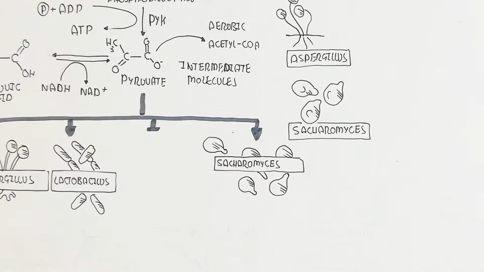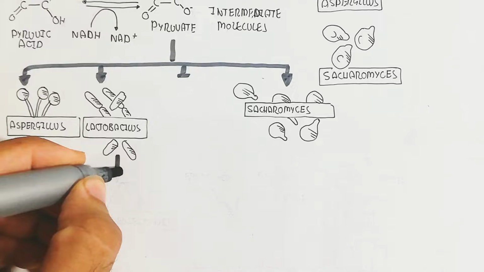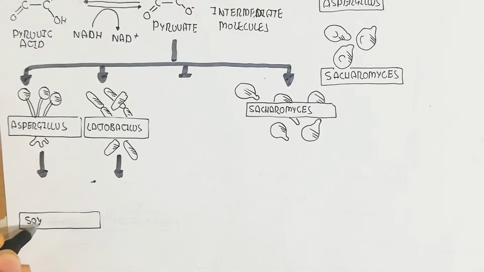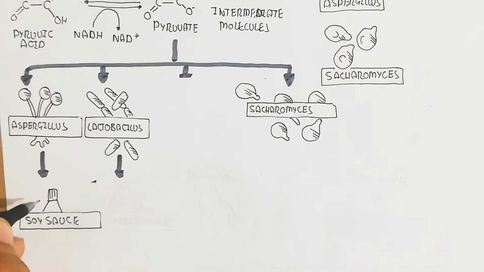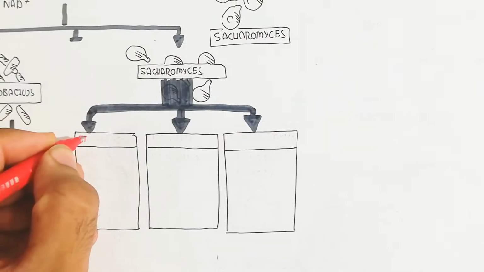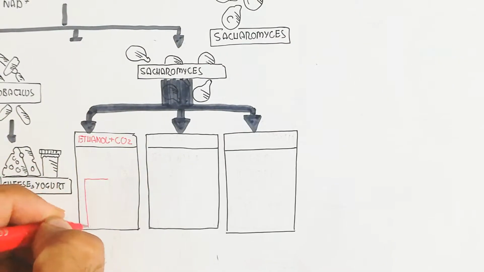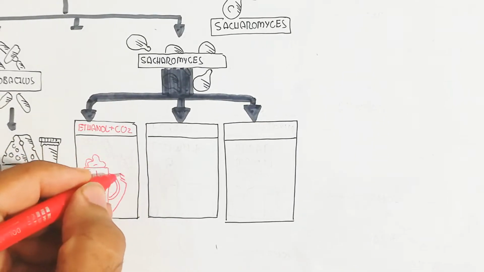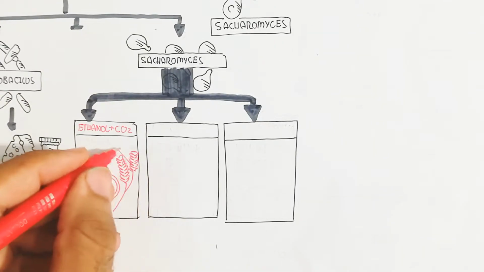And here is Saccharomyces, in the absence of oxygen. Soy sauce comes from Aspergillus, and Lactobacillus produces cheese and yogurt. Saccharomyces produces ethanol and carbon dioxide, as in beer.